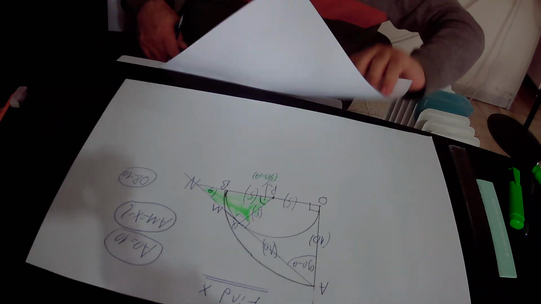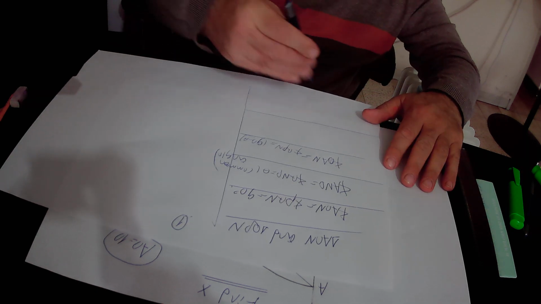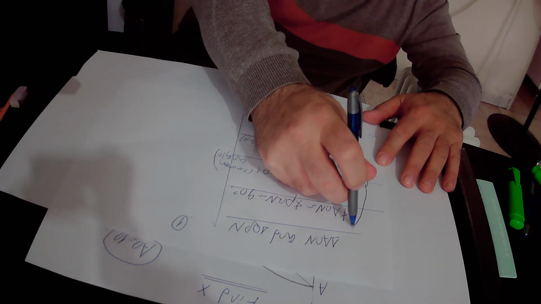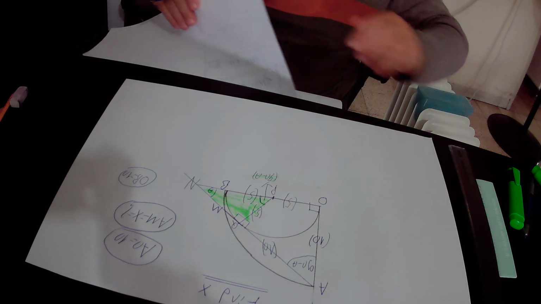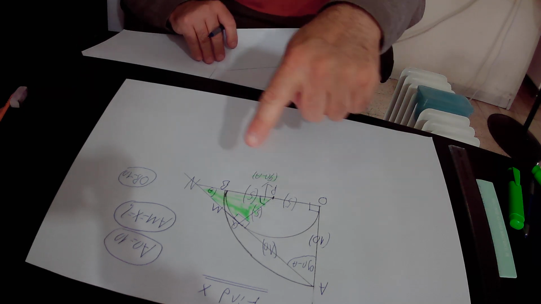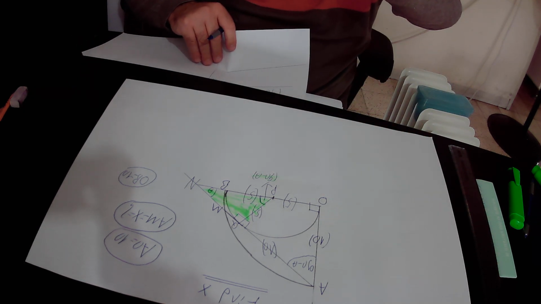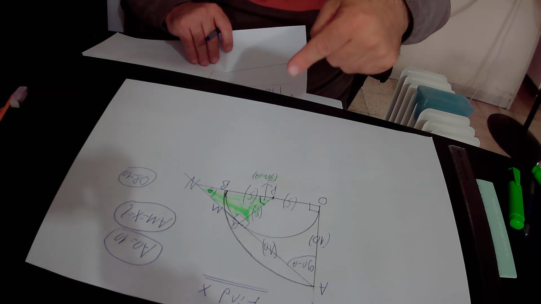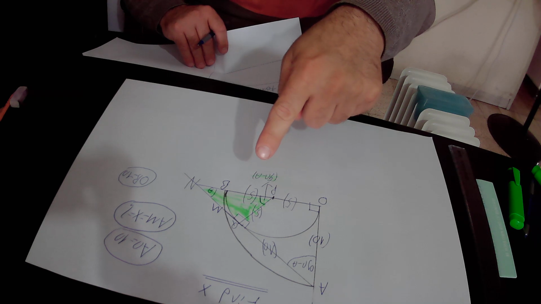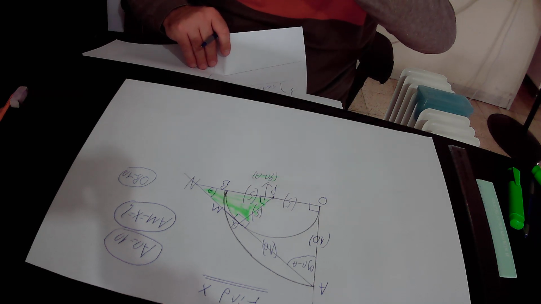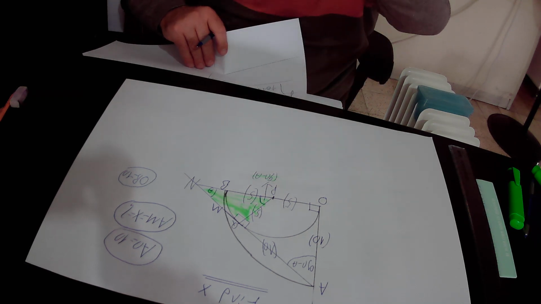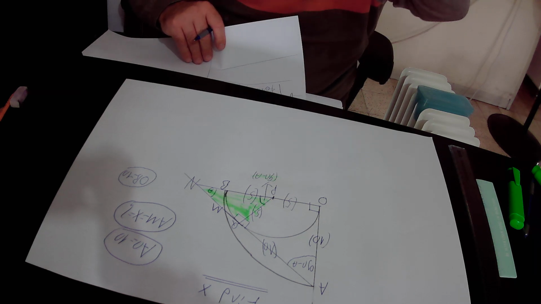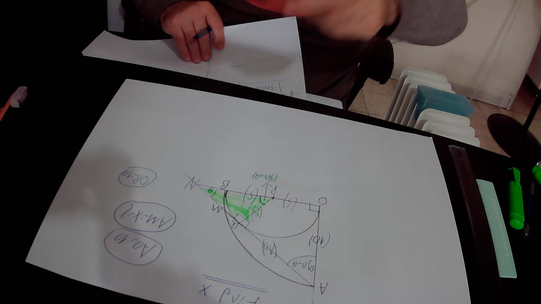So we actually proved that all the three angles of the big right triangle AON are correspondingly equal to all the three angles in the small green right triangle QPN. Therefore, those two right triangles are similar to each other according to the angle similarity rule.